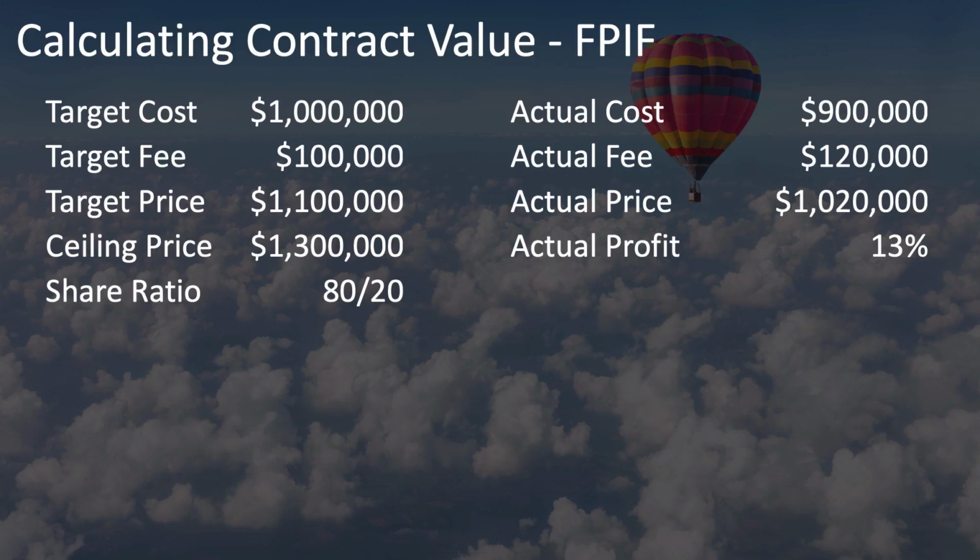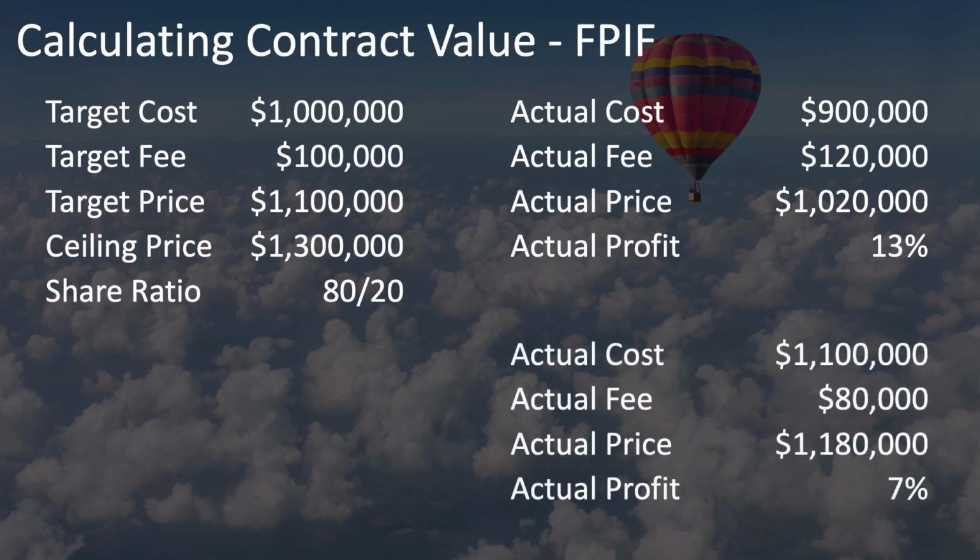On the other hand, what if the project costs more than expected? Suppose the actual cost, the sum of the seller's costs, comes to $1.1 million. The actual fee is then the target fee of $100,000, but reduced by 20% of the $100,000 cost overrun, resulting in an actual fee of $80,000.